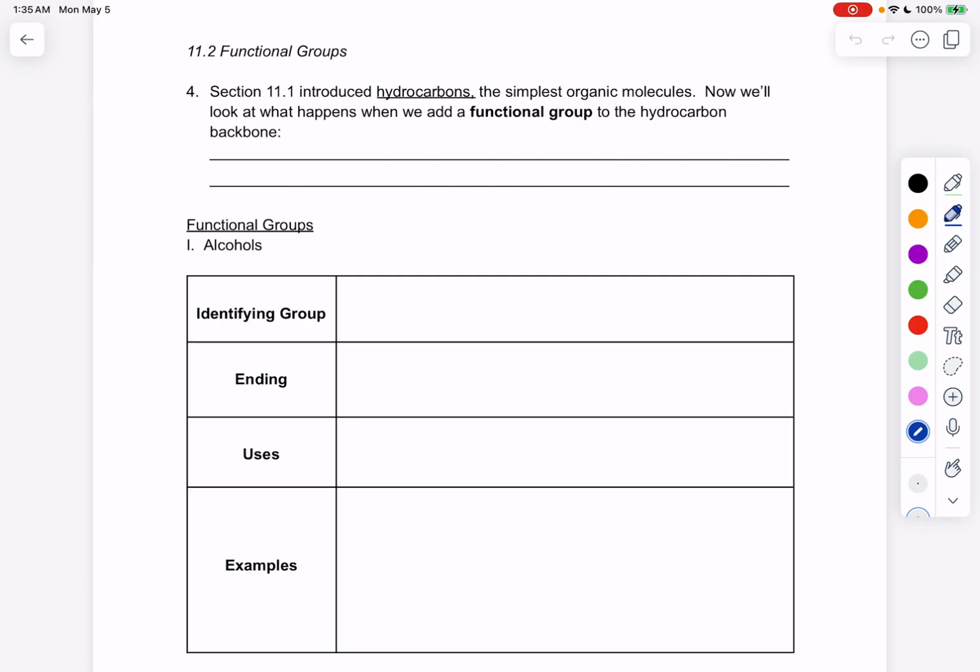Now we're going to start sticking some functional groups on these hydrocarbons that we've been making. And I want to tell you what a functional group is.